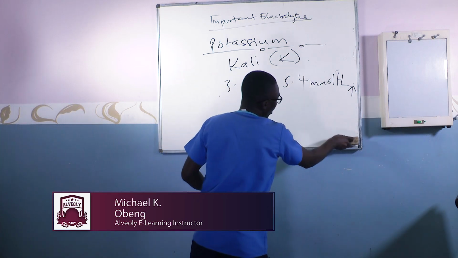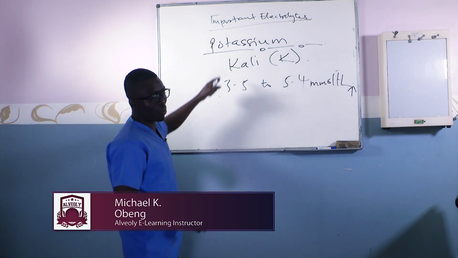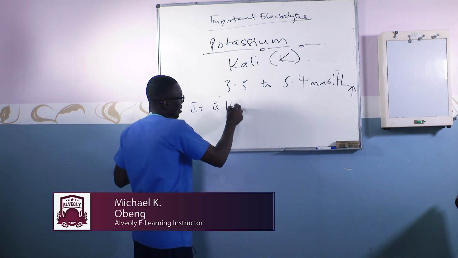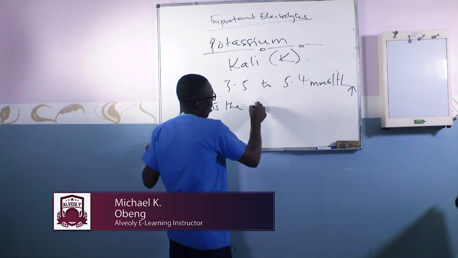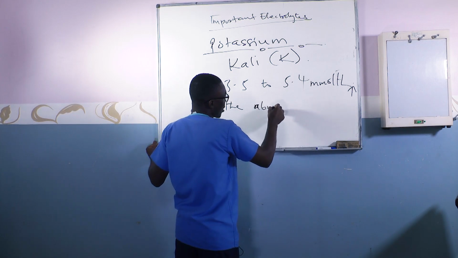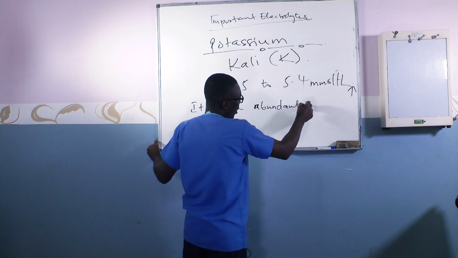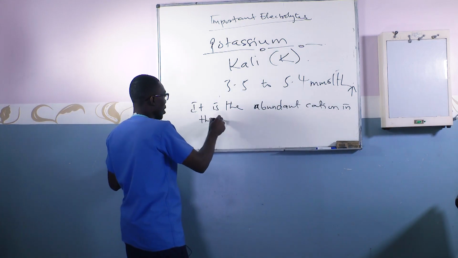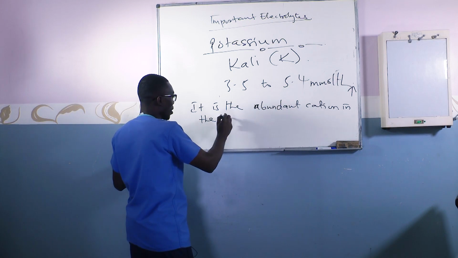Then one thing that we have to note very well under potassium is that potassium is the abundant cation in the intracellular.